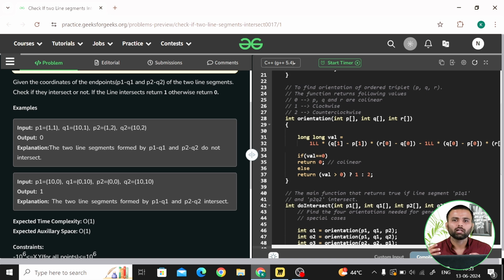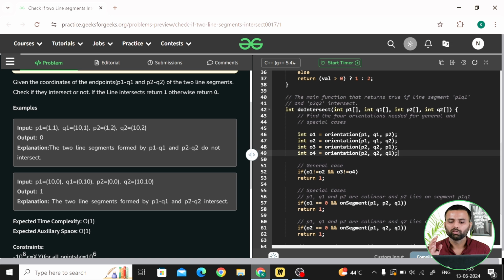Else, if the value is greater than 0, we return 1, meaning one direction, which we call clockwise. Else, it's 2, meaning the opposite direction, which represents counterclockwise, or anti-clockwise. So the orientation will give you the correct value: clockwise, anti-clockwise, or collinear.